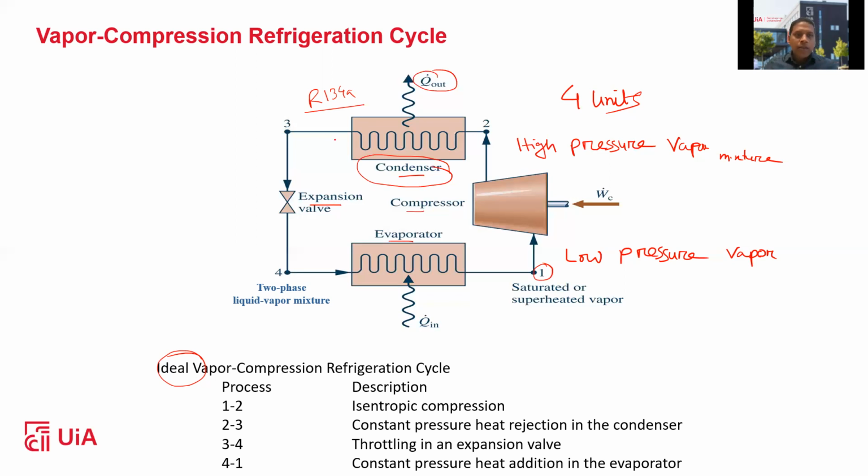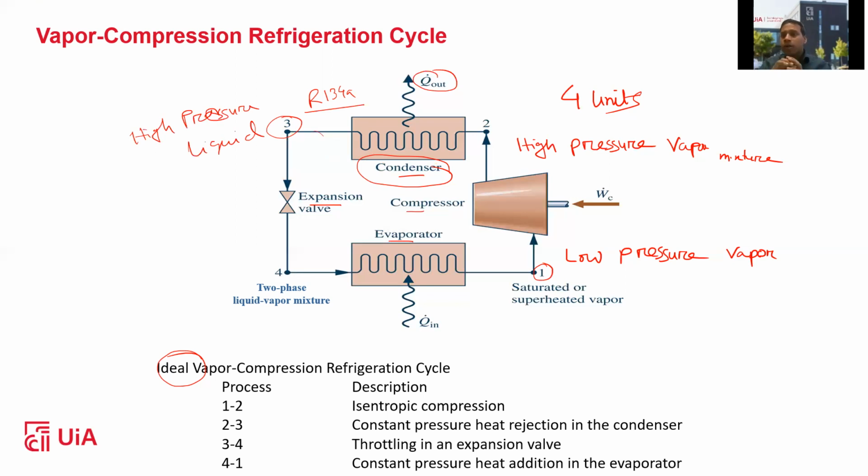At point 3, you are getting the high pressure liquid, and then it passes through the expansion valve. And what is the main purpose of the expansion valve?